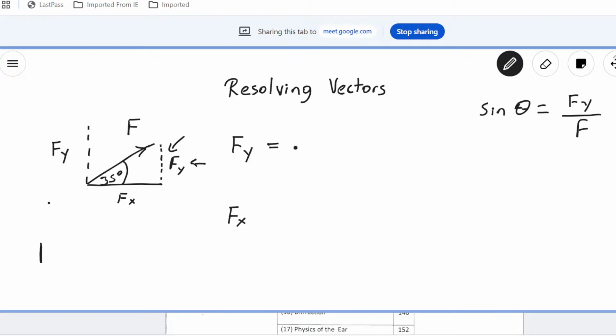So Fy would just be F sine 35 in this case.